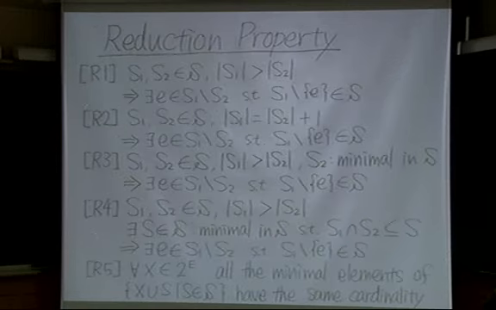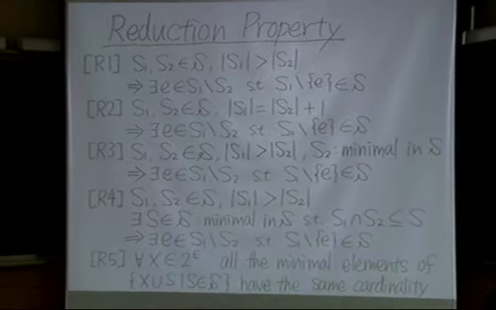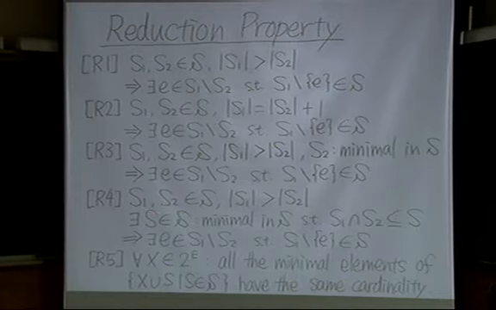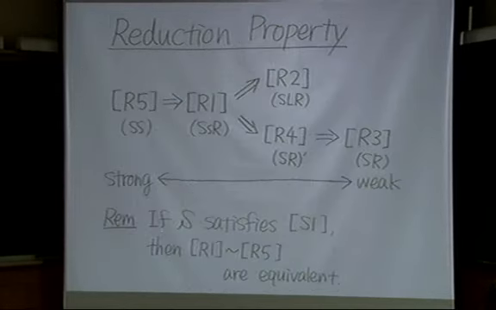And also there are several kinds of reduction property. I wrote here 5 reduction properties. And also they have some relations with the augmentation properties. This is strongest and this is weakest. And if S satisfies the first property, then all 5 properties are equivalent.